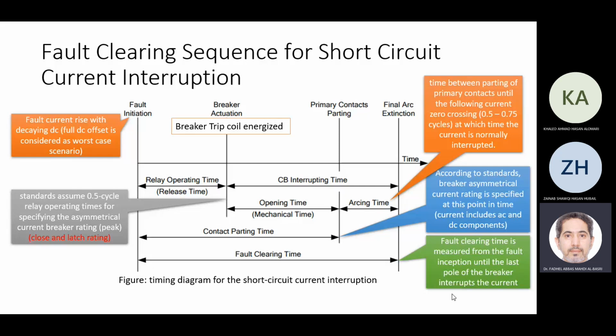This slide shows you the sequence of fault clearing, okay, from the initiation of a fault. At this moment, a fault happens. Okay, when a fault happens, current will increase, and that current will have both AC and DC components.